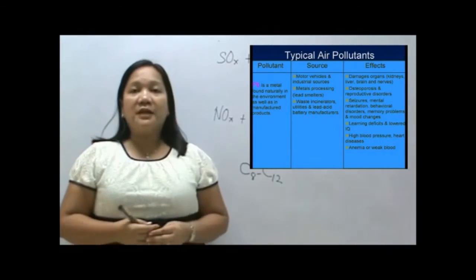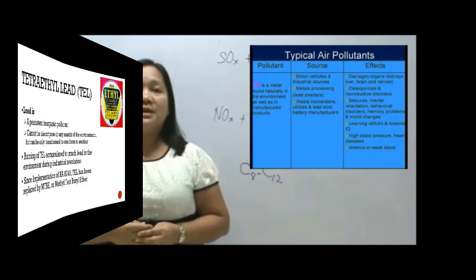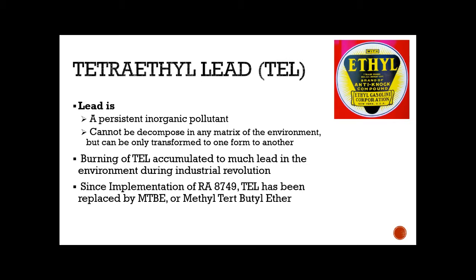So in order to do that, they add this additive, which we call TEL. However, since it contains lead, and as mentioned, for the last 30 to 40 years, since lead also is a persistent inorganic pollutant, it cannot be decomposed in any matrix of the environment.